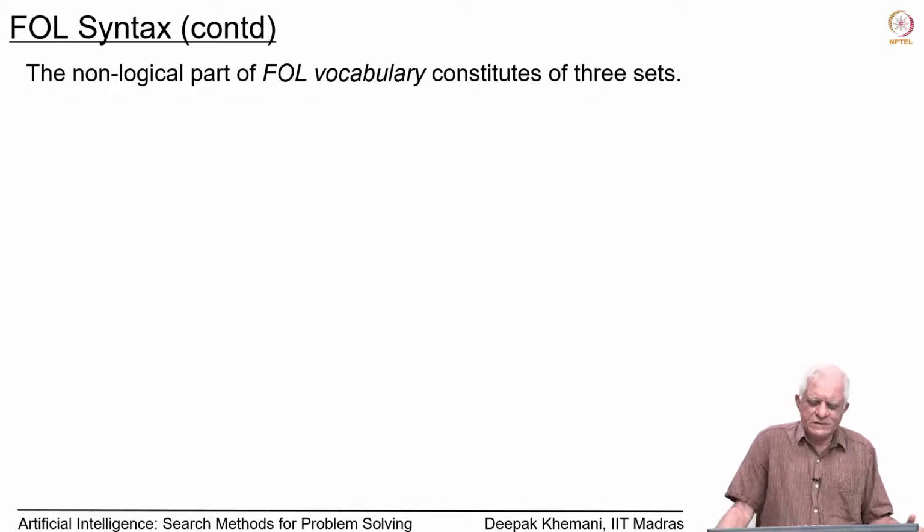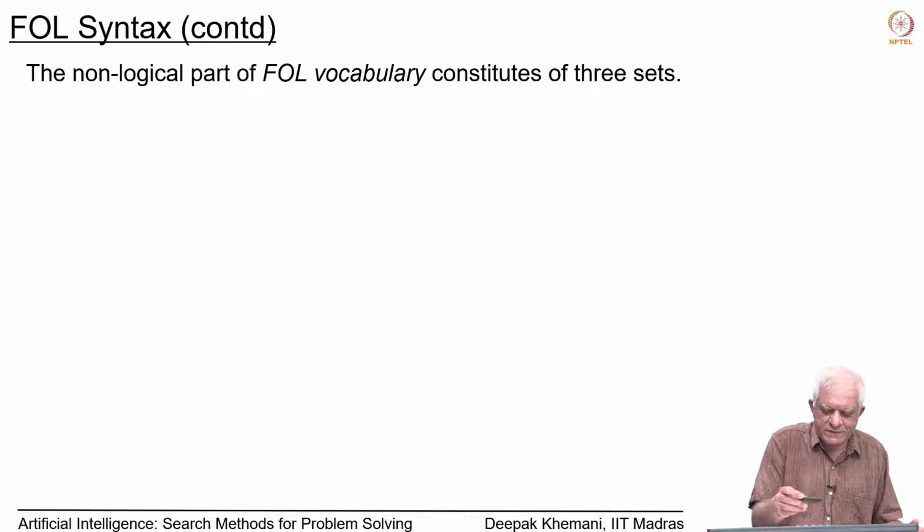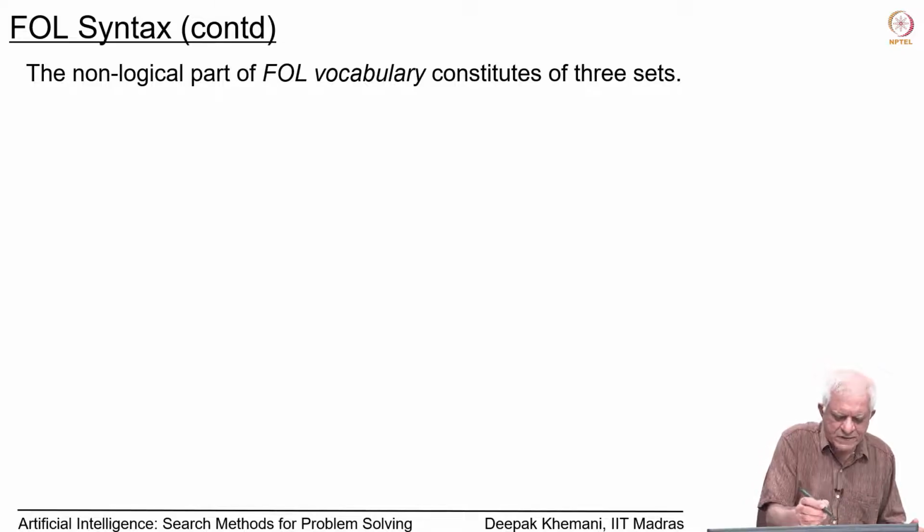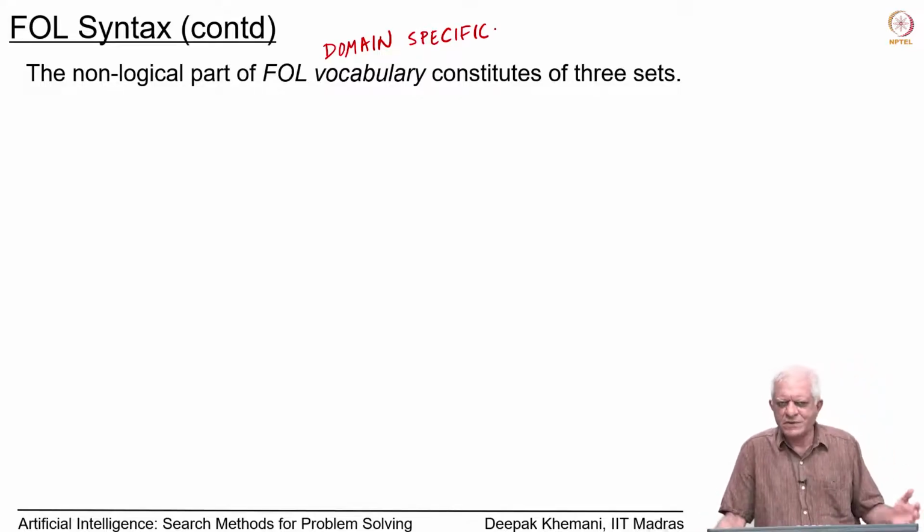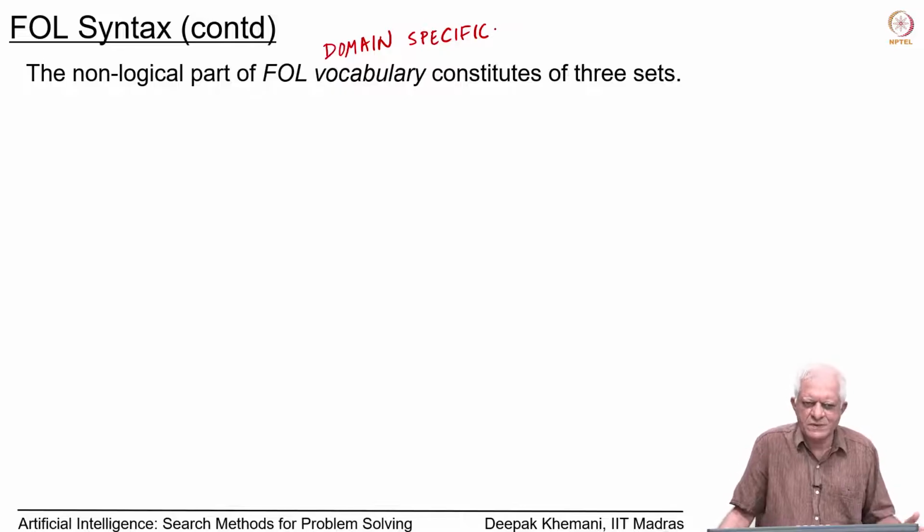Then there is a non-logical part or the domain specific part of the language. So, whenever we are devising a language, we have to choose a certain set of symbols which are to do with the problem that we are trying to solve. That is sometimes called the non-logical part, in the sense that it is not common to every language that you will devise.